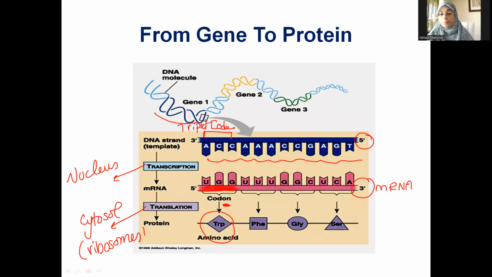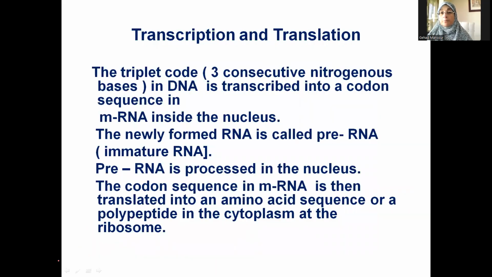So when you say triplet code, you're talking about DNA. When you say codon, you're talking about messenger RNA.